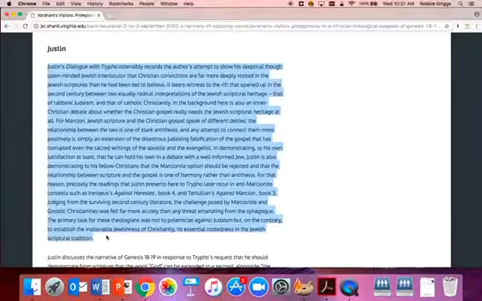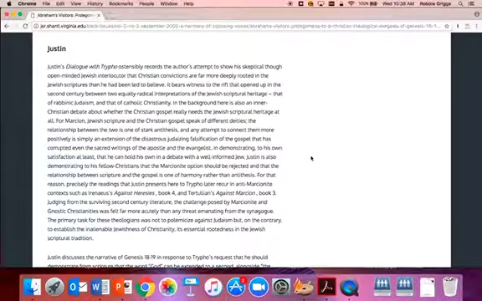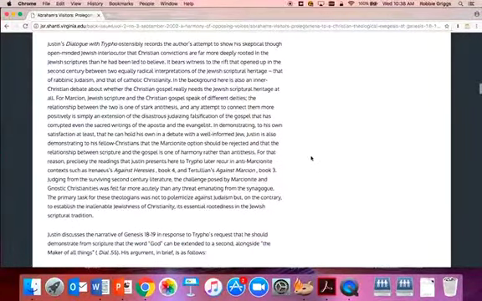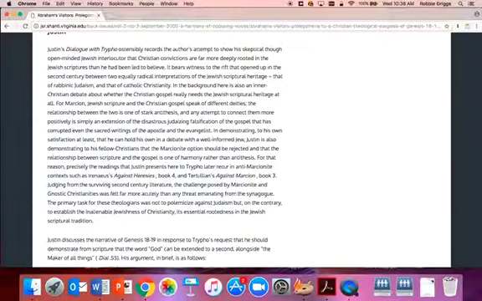What's the purpose of his writing? And Francis notes that the primary purpose here is that Justin is trying to argue. He's doing an apologetic exercise here, where he's trying to argue about the relationship of Christianity to the Jewish scriptures.